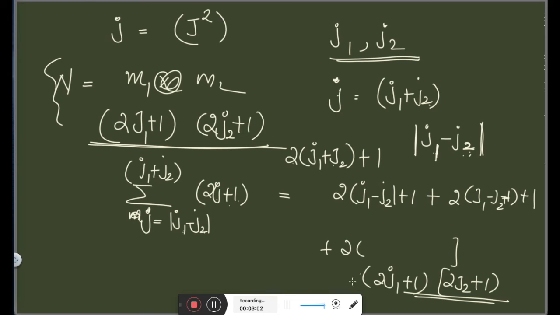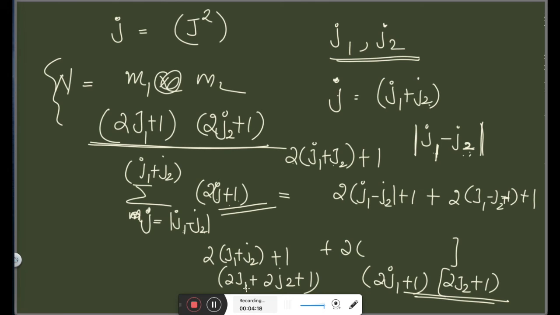So again what you get is the dimensionality. M assumes 2j plus 1 values, and j itself is varying from j1 minus j2 to j1 plus j2. The upper limit you will get is 2 into j1 plus j2 plus 1, so it will be 2j1 plus 2j2 plus 1.